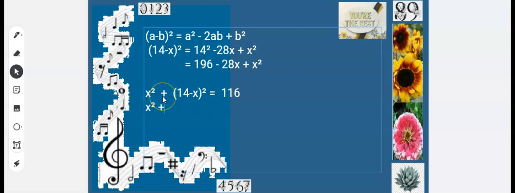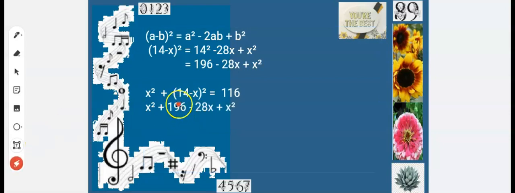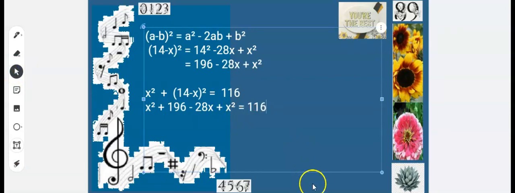Then copy the plus sign. The expanded form of (14 minus x) squared is 196 minus 28x plus x squared. So replace (14 minus x) squared with its expanded form. Okay, and then the equal sign was not touched, so copy the equal sign and copy 116.